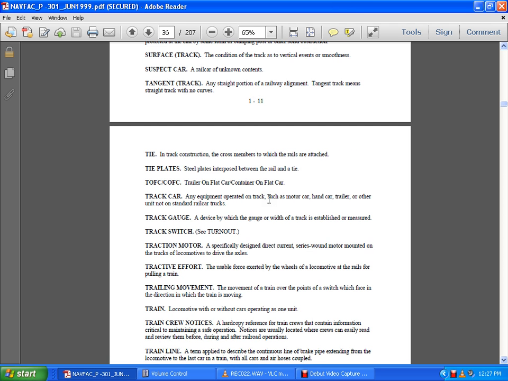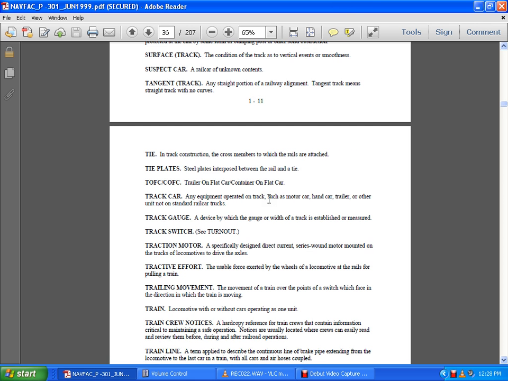A train movement, a locomotive with or without cars operating as one unit. A train crew notice, a hard copy reference for train crews that contains information for maintaining safe operation. The notice is usually located at the crew's location and easily read and reviewed before and during railroad operation.